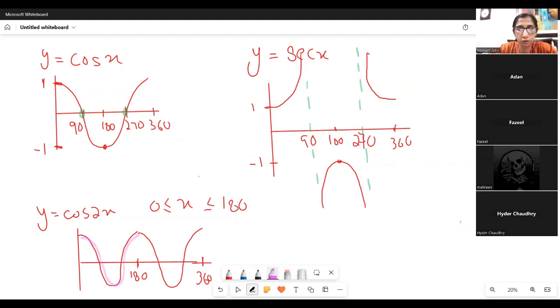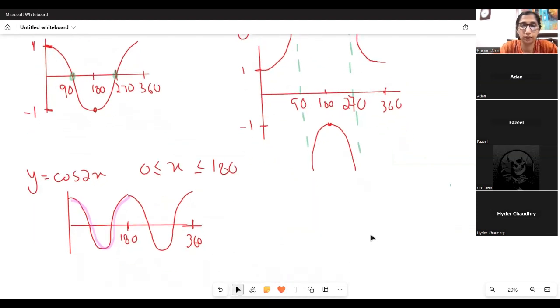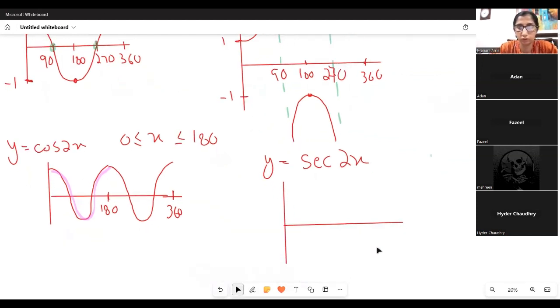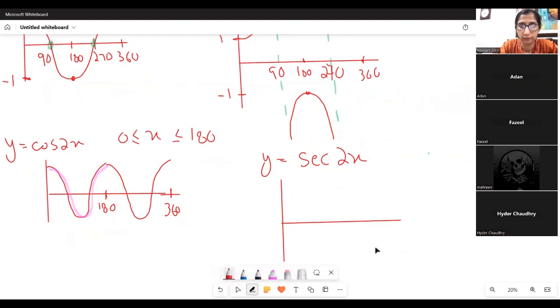Okay. Now we're going to sketch y equals secant 2x in the same domain. So it's going to go till 180. So we have an asymptote here, an asymptote here. What are these values?